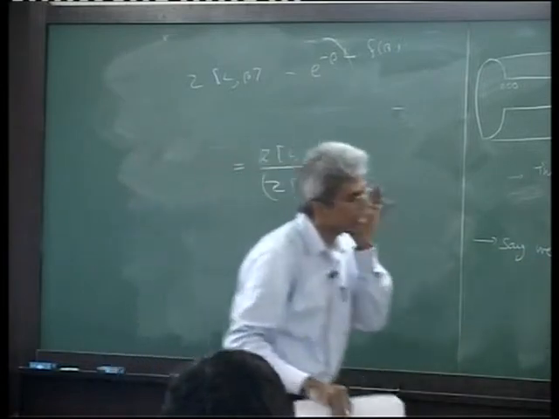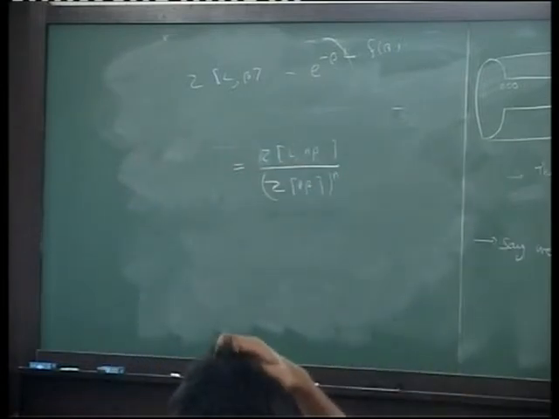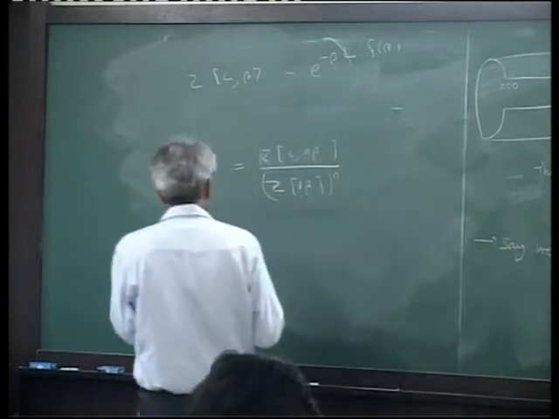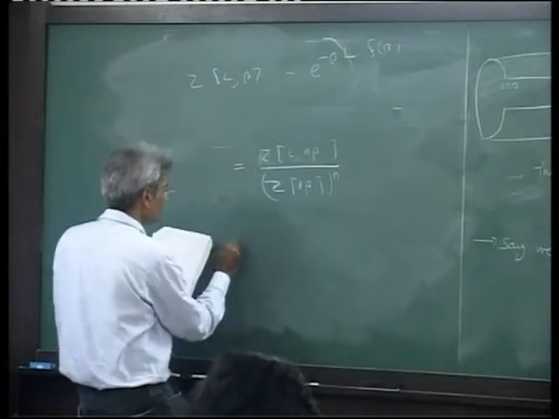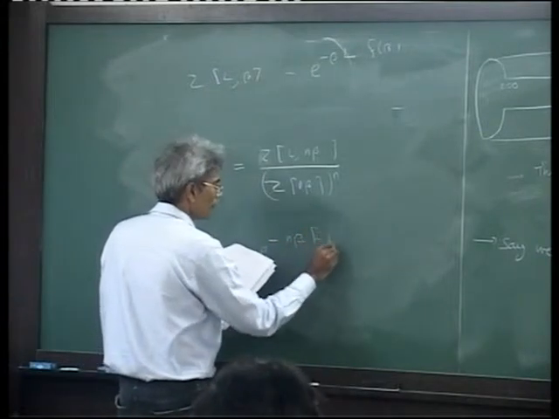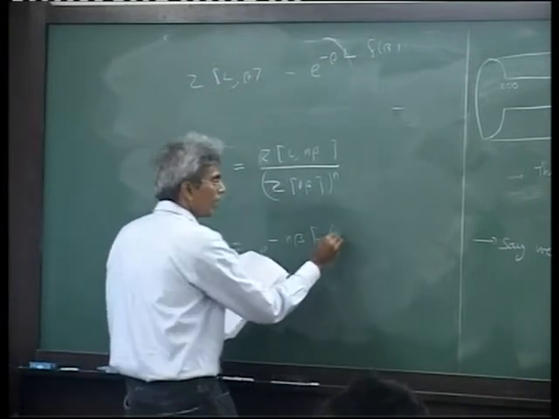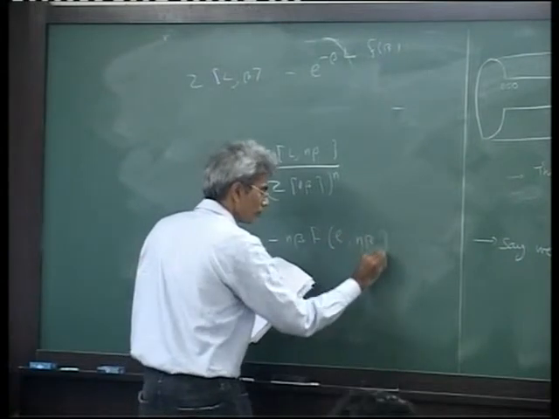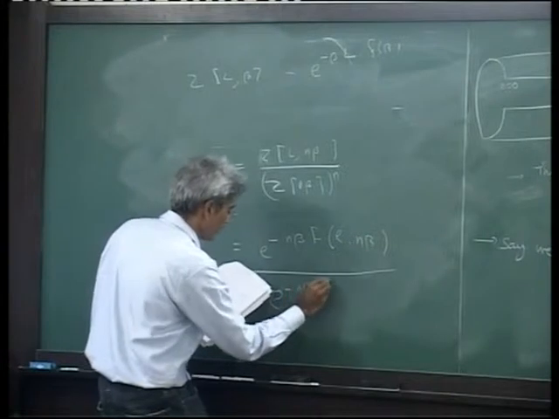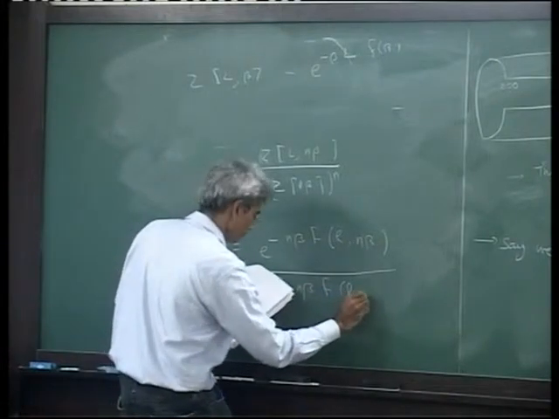You can see that capital L cancels between these two. Now let's plug this in: it equals e to the power of minus n beta f, free energy, L n beta, divided by e to the power of minus n beta f, L beta.